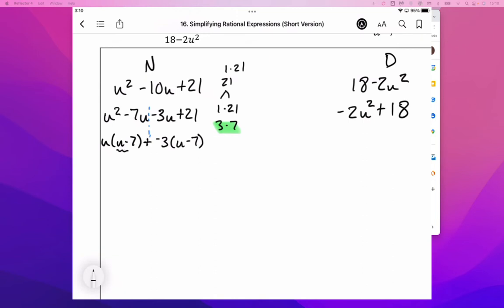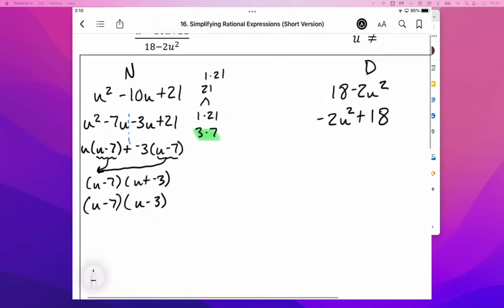All right, and so these two u minus 7s will factor out because I have them on both sides. We are left with u plus negative 3, which would simplify to be u minus 3. So there's our factored out numerator.